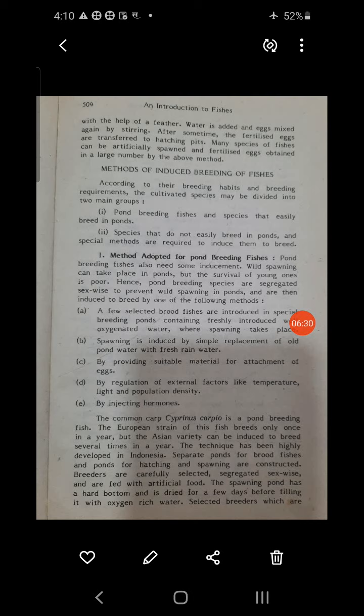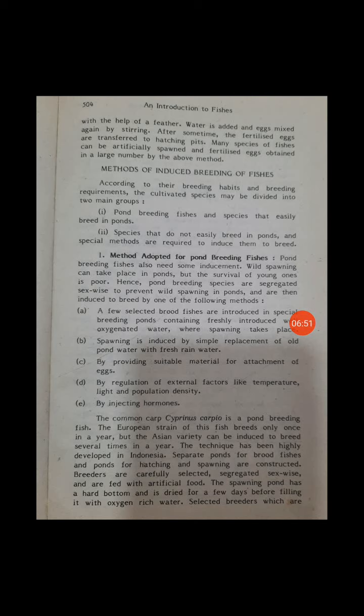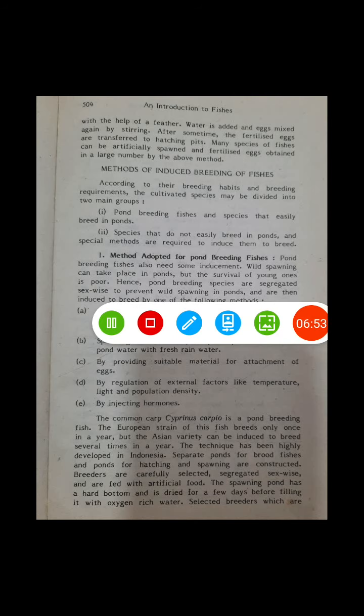So all these factors induce the fish to spawn, or they lay the eggs. In some areas in India, the selected fish are kept in one portion that is called a cloth happa. That is cloth happa. I will show you the diagram of that happa.